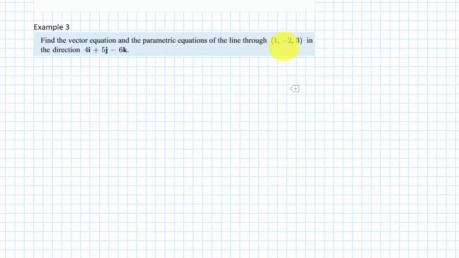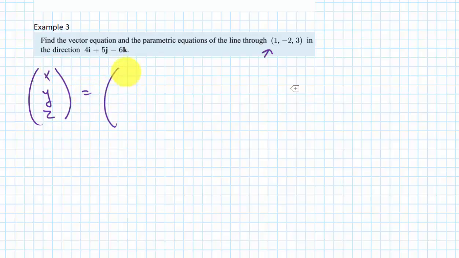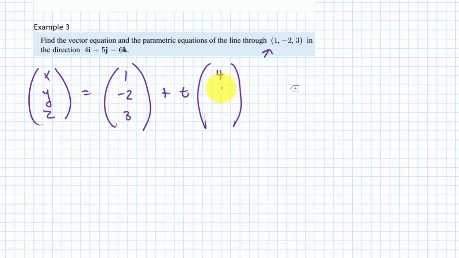So for this example, we have the point. So we can set this up as (1, -2, 3) plus t, and then our direction vector, so that's (4, 5, -6), where t is an element of the reals. So that's our vector equation.